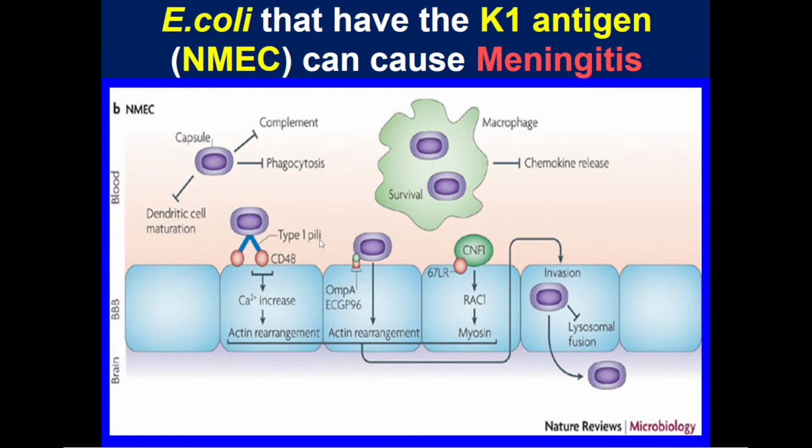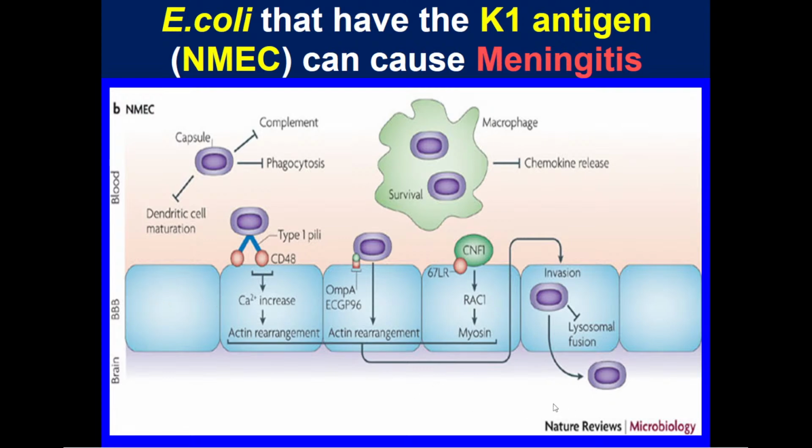And what do bacteria do? They bind with the CD48 molecule on the surface of the blood-brain barrier, activating the actin rearrangement, which may act as the triggering mechanism for invasion of the cell with this bacteria. And due to the lysosomal fusion, then bacteria will be released outside the blood-brain barrier.